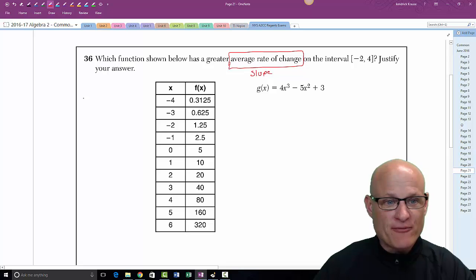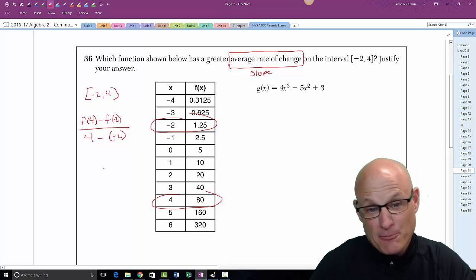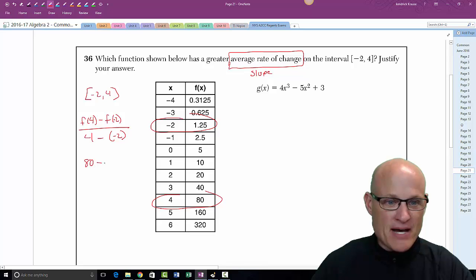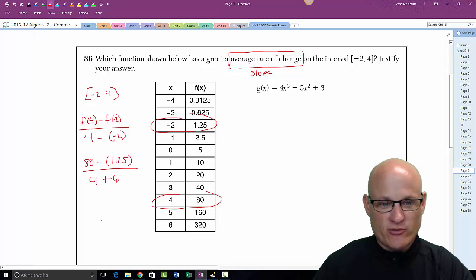So let's do the slope of f of x. We have to do the slope of f of x from -2 to 4. We're going to use this point and this point. So slope is f of 4 minus f of -2, all over 4 minus -2. You just had to plug points in. 80 minus 1.25, all over 4 plus 2, which is really 6.